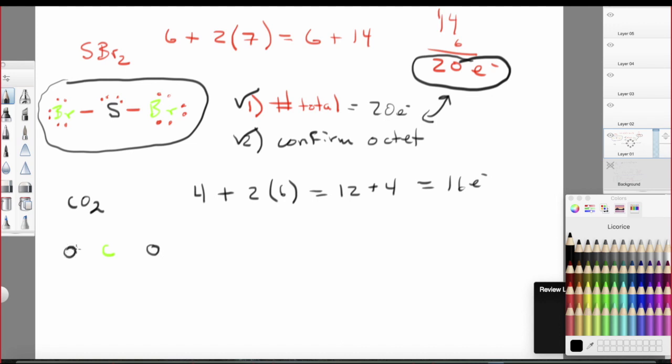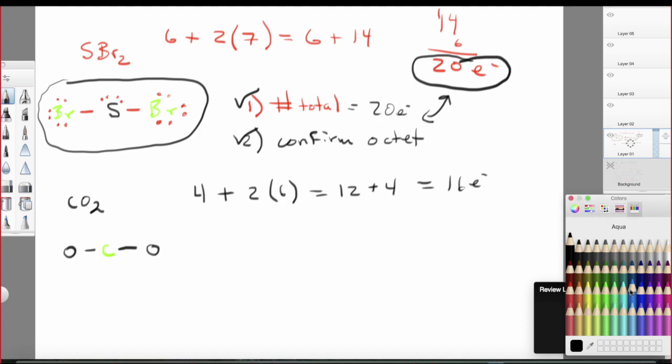Now for this one, what I'm going to do is demonstrate to you how the process works, because this molecule is not straightforward like the one that we did above. So what I'm going to do is show you how the process will lead you to the correct Lewis formula or structural formula. So I'm going to follow the rules, and I'm just going to go ahead and connect the central atom to the external atom.